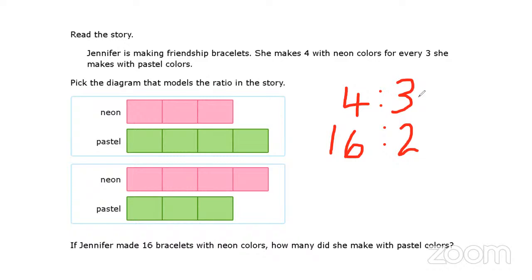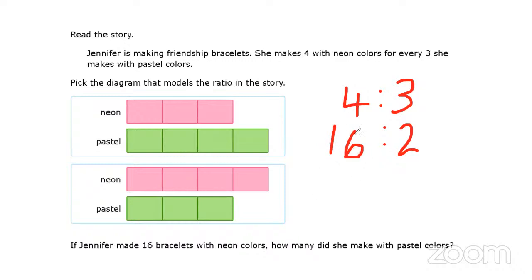So if you look at the relationship here, someone had mentioned that we divide 16 by 4, and that is what we can do here. So we divide the 16 by 4 to see how many parts of neon there are to pastel. If we have 4 neon to 3 pastel, it means then that in 16 we have 4 sets of this 4 neon, right?